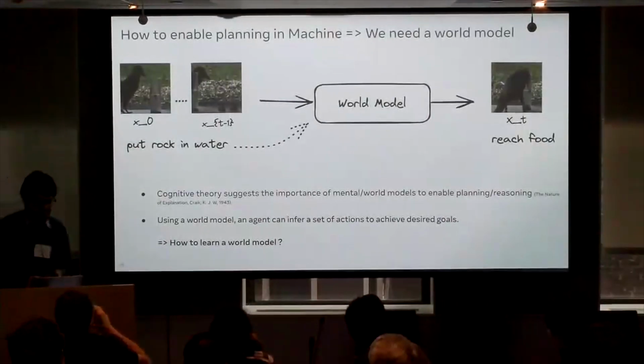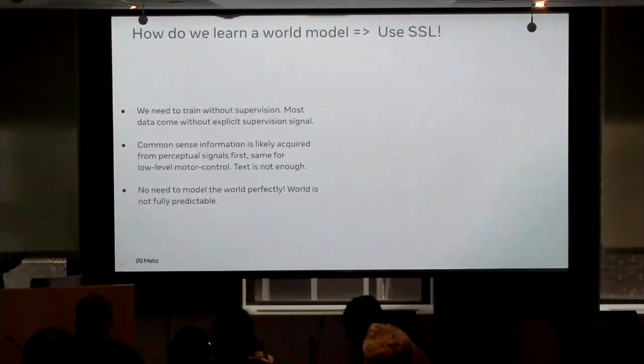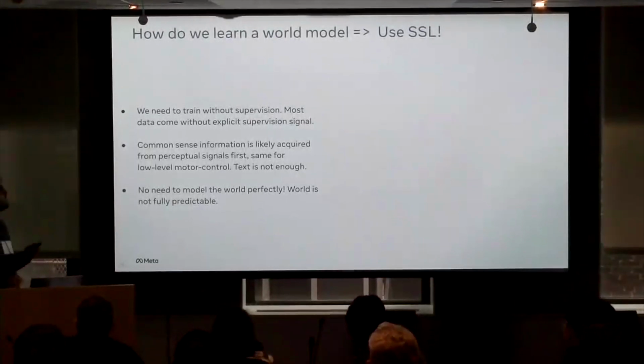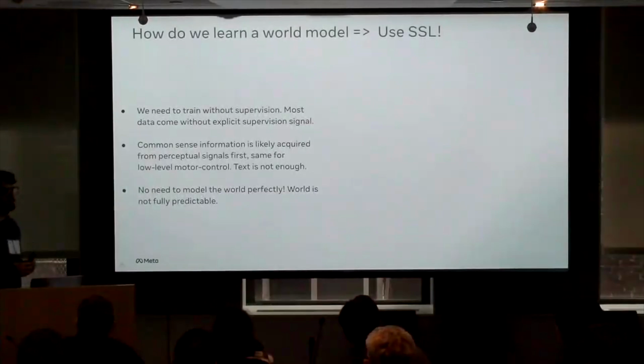And so the big question now is how can we learn a world model? I'm not going to repeat everything, but basically, the way to a world model, we believe, is to use SSL. The main argument for that is the world is not fully predictable. It's a waste of compute to try to predict every pixel in your video. And so you need to abstract your prediction.